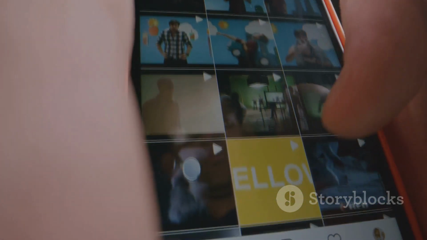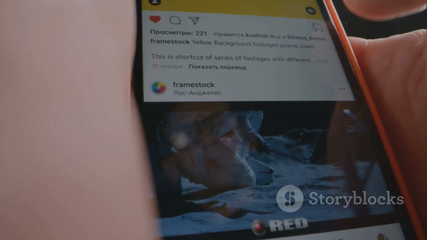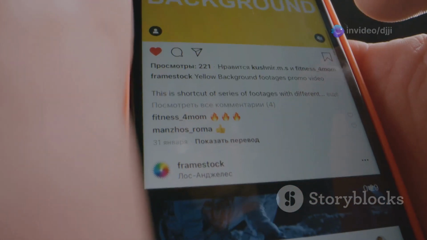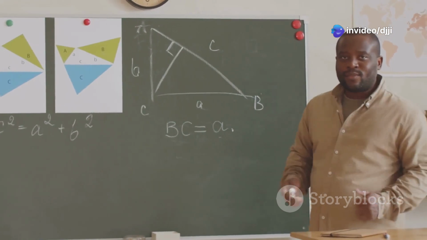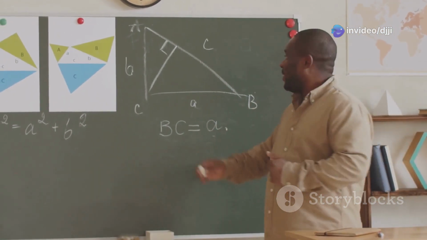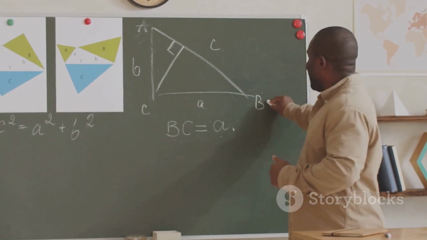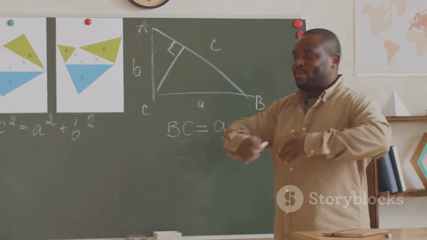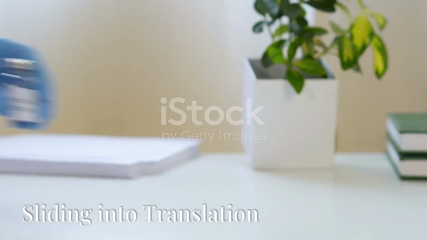Even the simple act of resizing images on your phone involves transformational geometry, allowing you to adjust pictures without distorting them. Get ready to see the world through the eyes of a mathematician as we unlock the magic of moving shapes. By understanding these principles, you'll gain a new appreciation for the hidden geometry in everyday life.